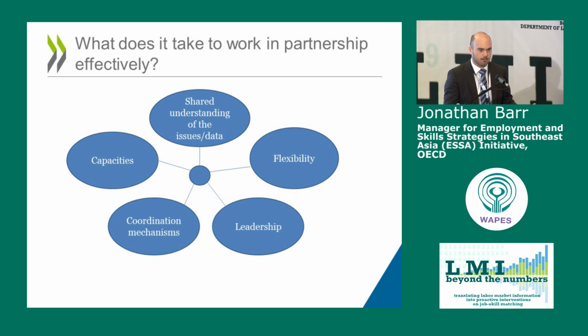But sometimes it helps to formalize these relationships by having a committee or a governance network that's mandated from the national level to do this type of work. We also see that capacity is really a key issue. So you can have good flexibility at the local level, but if you don't have strong capacity, that can lead to uneven service provision.